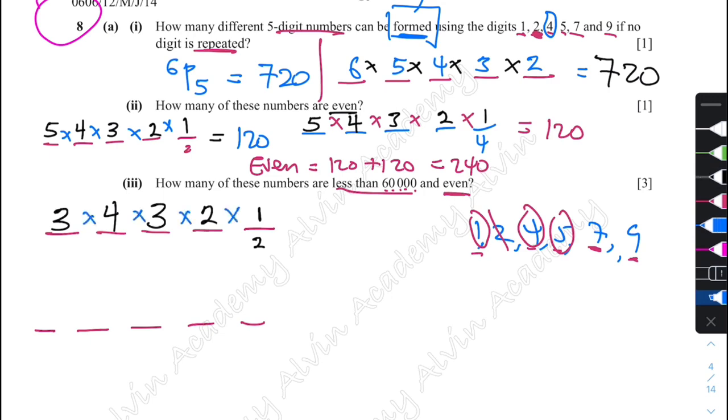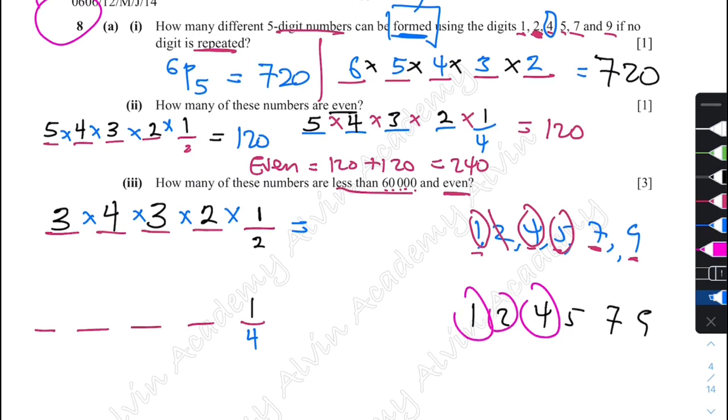We will multiply very soon, but hold on, let's do the same analysis for the other scenario. If that even number should be 4, then there's only one way to select that 4. Back to this analysis, remember, we have 2, 4, 5, 7, 9. So if that number is 4, we are done. Only one way to get 4.